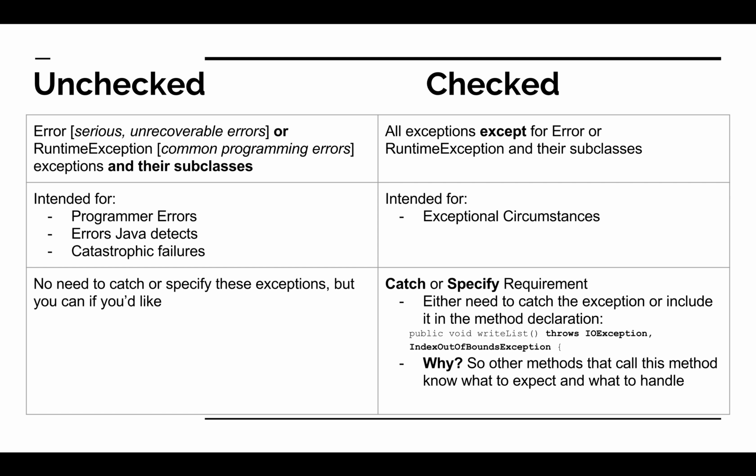And that would be a problem because it won't know that it's possible for it to throw an exception. So you can either catch it, in which case you already catch the error and you're not throwing it, but otherwise you do need to include it. So you would add throws IOException for every single method of the chain.